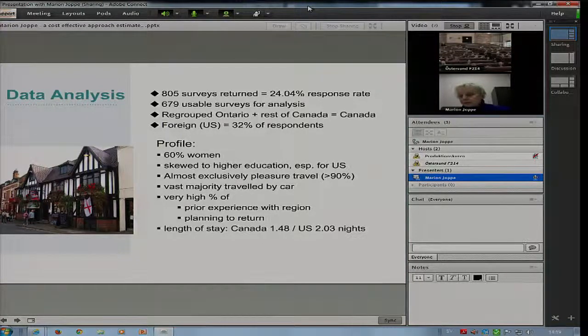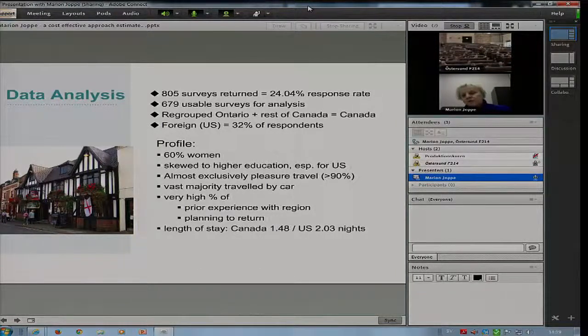Again, it can be explained because of the theater and the level of education that you would expect from a theater-going crowd. Over 90% was travel, very, very little other reasons to stay overnight.